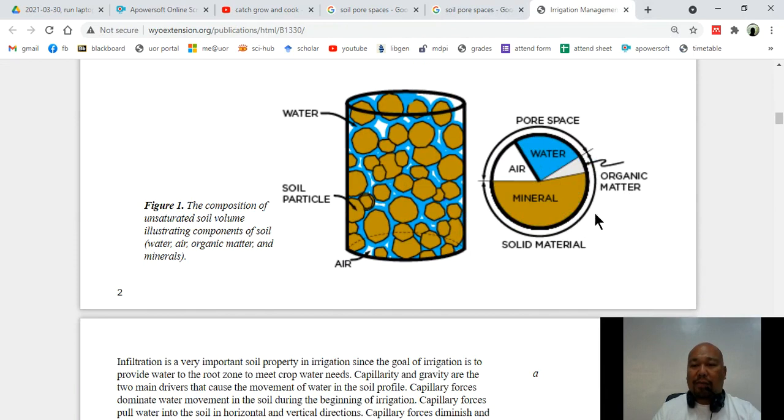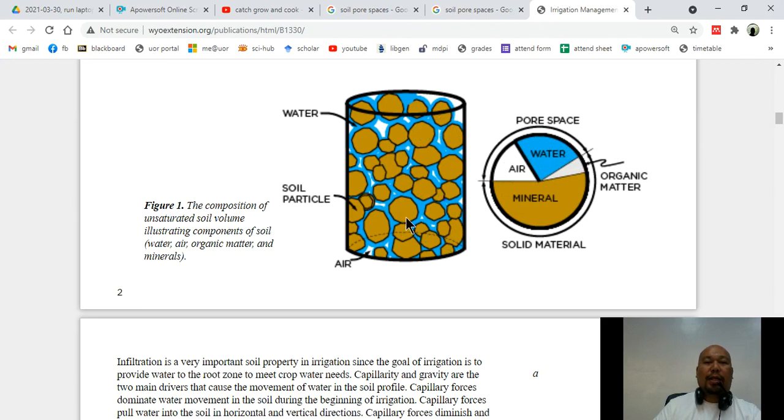I already mentioned this: the mineral matter is about 45%, the solids including organic matter. Organic matter is about 5% in terms of volume. Then about 50% is pore spaces, occupied by either air or water. We're talking about pore spaces.